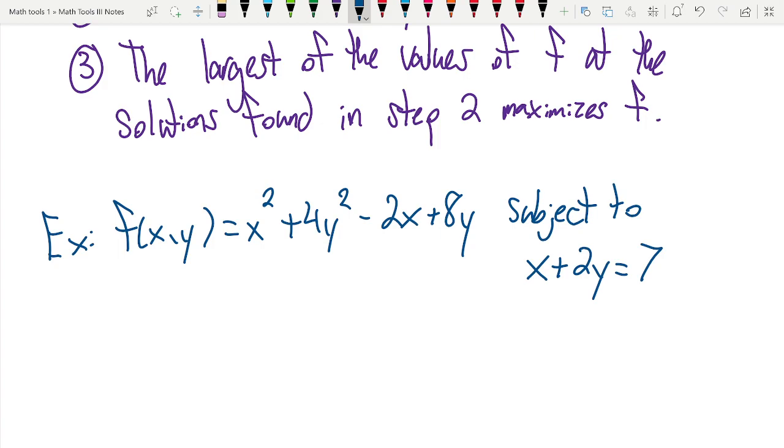So if we were looking at x plus 2y less than or equal to 7, we would still be considering the points where it's equal to 7, and we would call that the boundary. So that's what I mean by we're only working on the boundary. But this is how the problems would typically be set up, but you could still use it to look at the boundary specifically for those points.